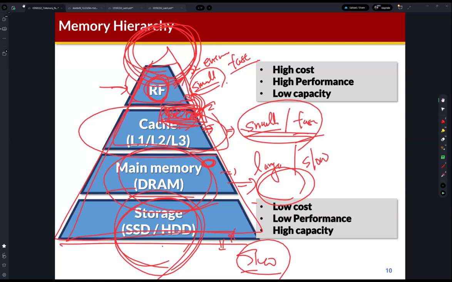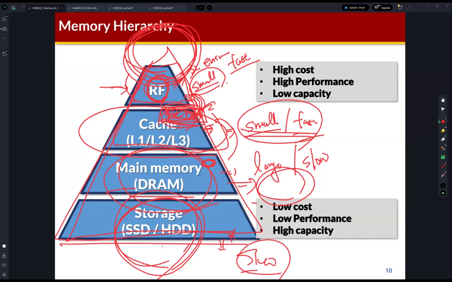So the idea of memory hierarchy exploits data locality, which means that we can store frequently used data in the fast and small memory. But because the size is small, we cannot store our entire data, so we just store frequently used data in the fast memory.